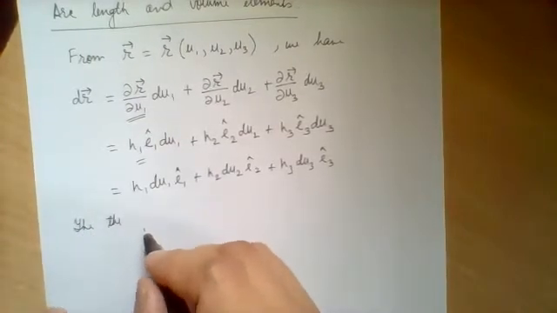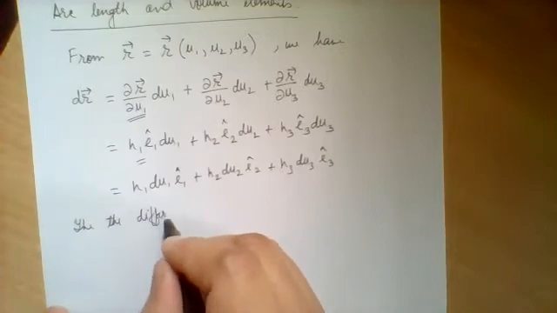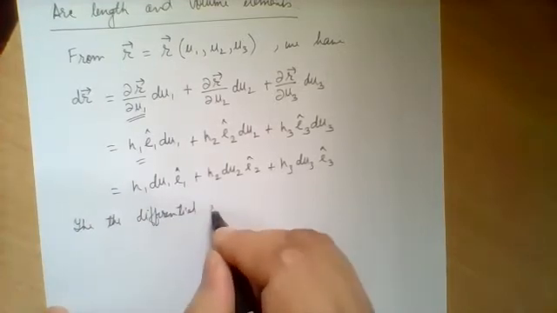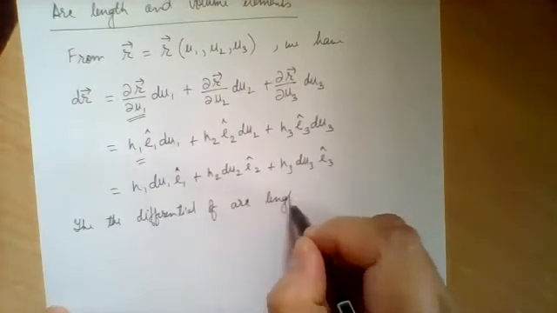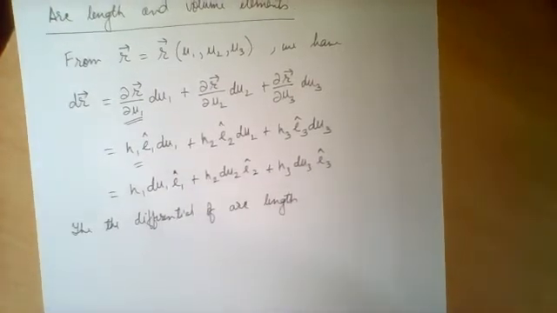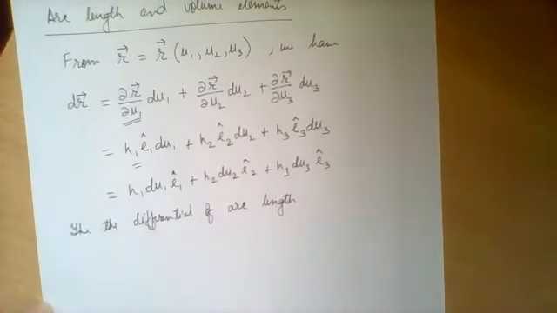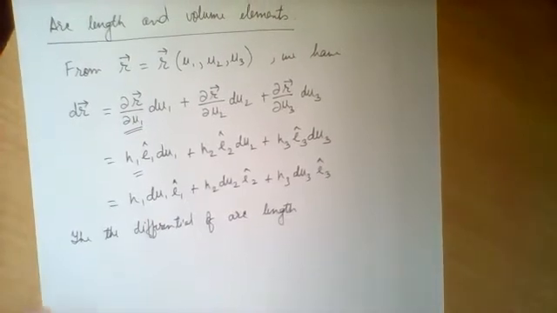Then, the differential of arc length. When a particle moves across a small distance, the displacement is in the form of an arc length.